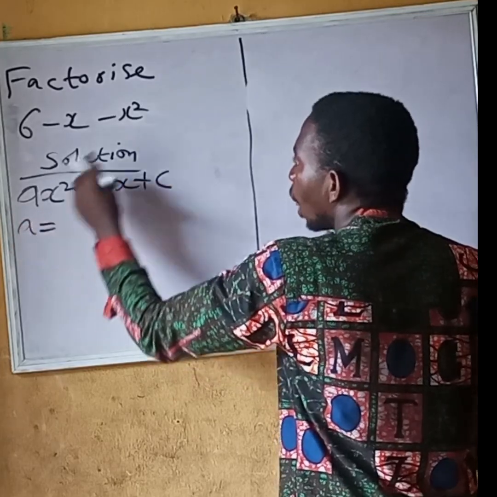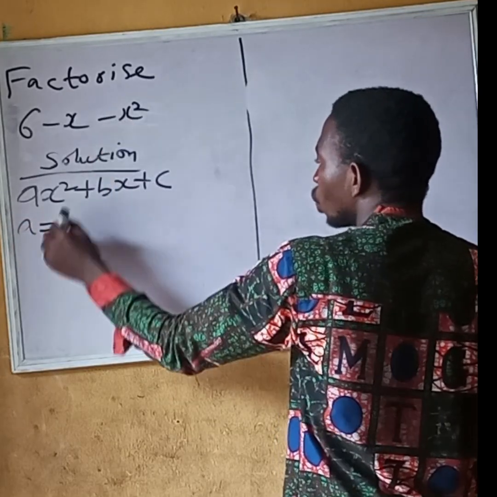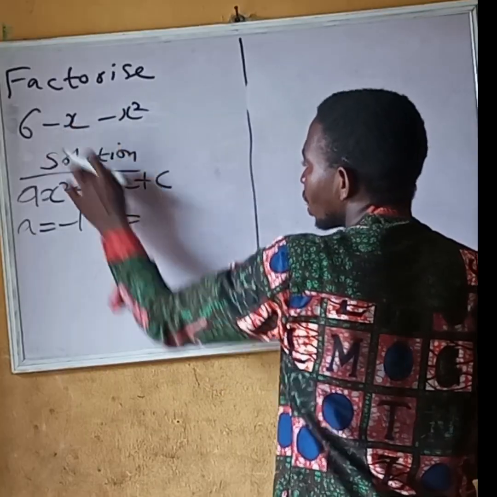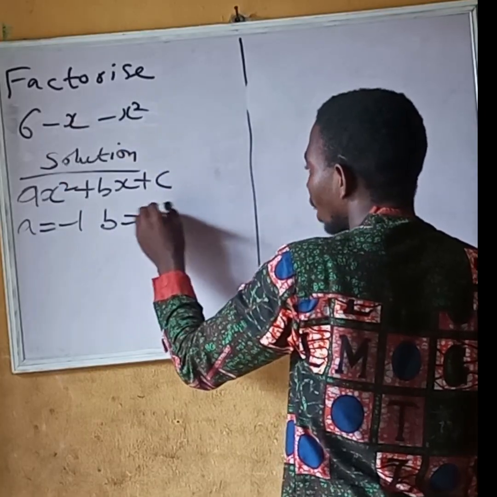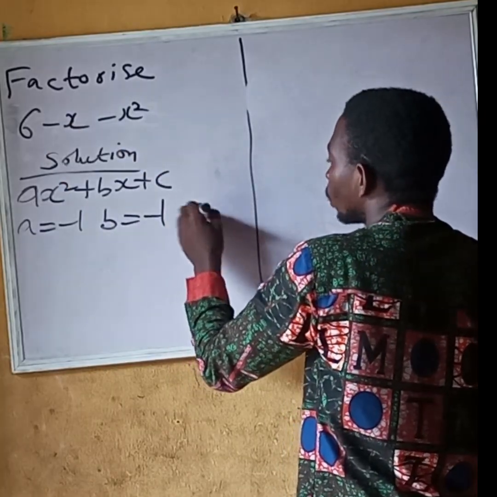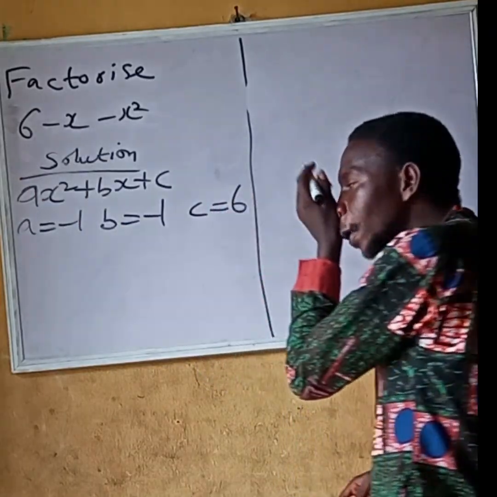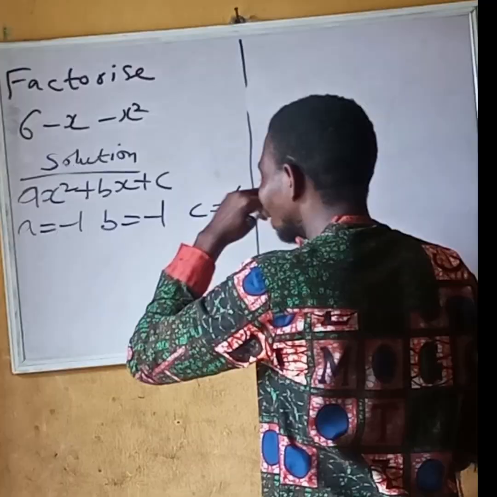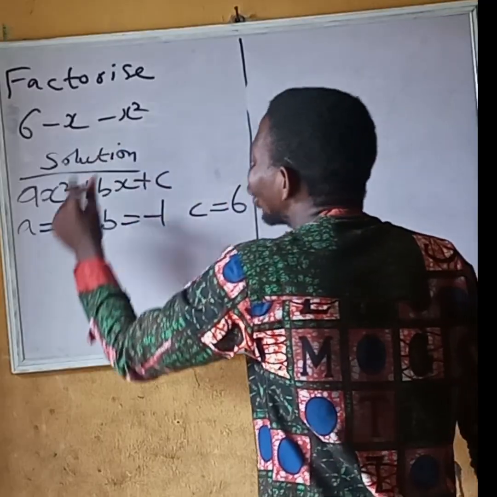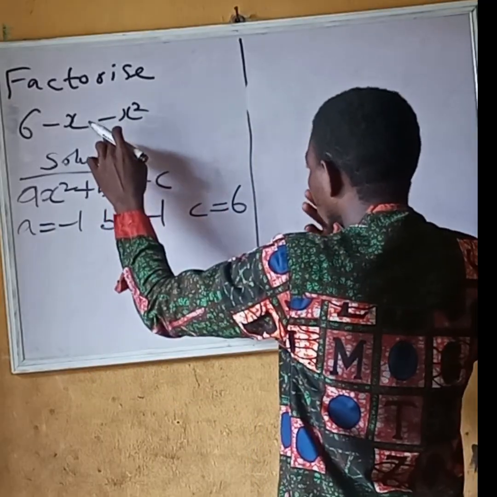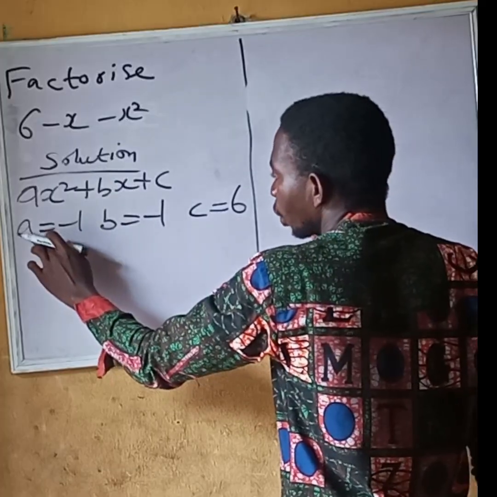So a, according to the general form, is minus 1. B, which is the coefficient of s, is also minus 1. Then c is the constant, which equals 6.